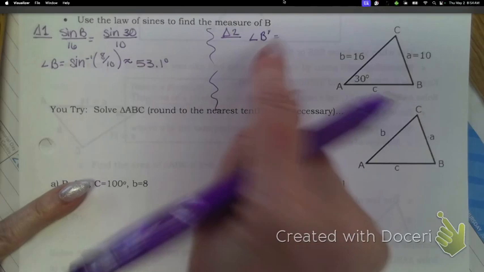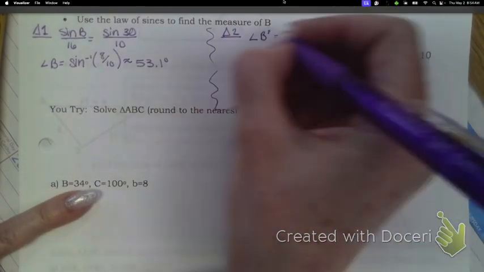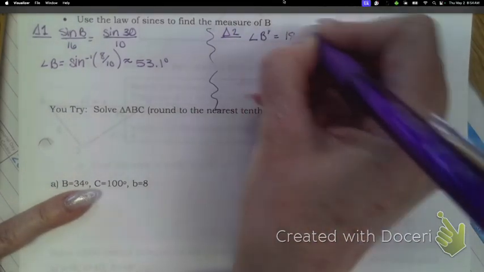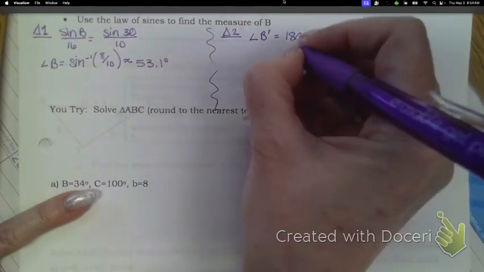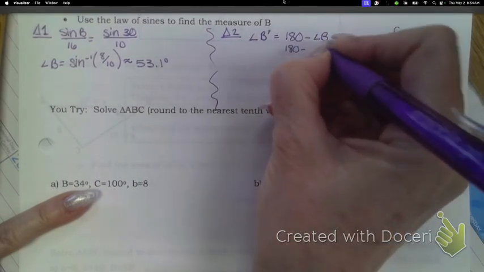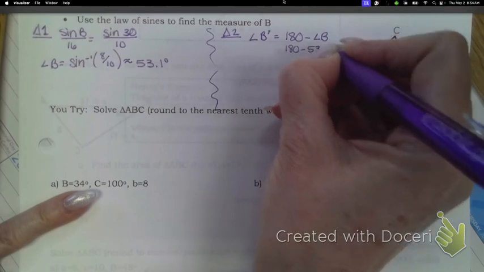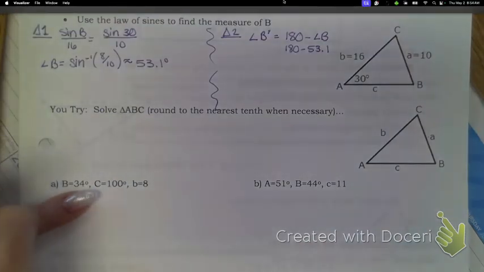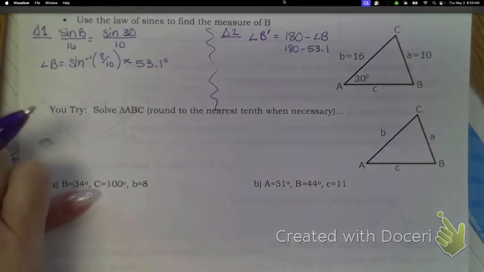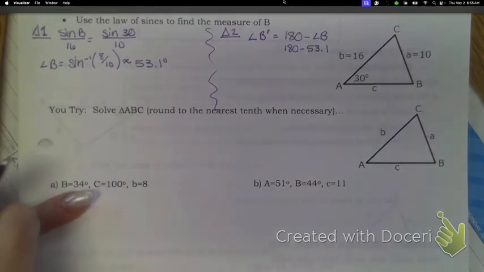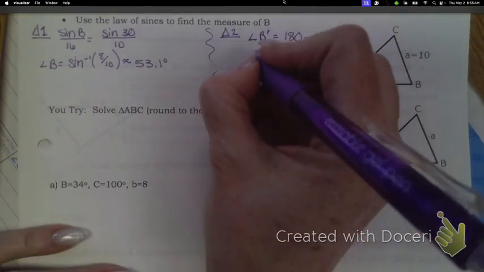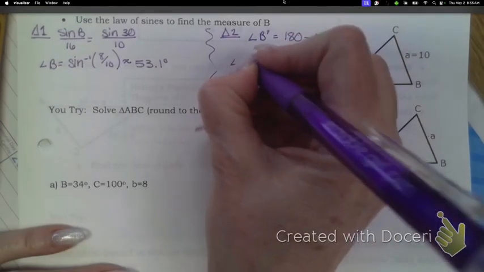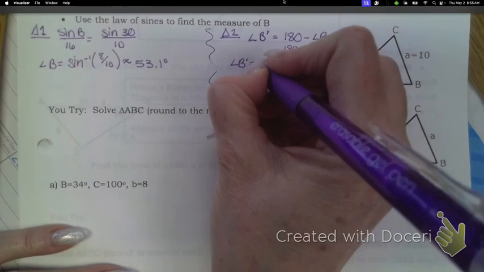So first triangle, second triangle, is going to be 180 minus angle B. So 180 minus 53.1, and you should get 126.9.